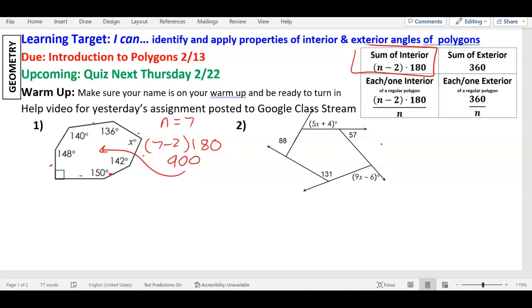Now, I can make a big equation using all these inside angles, equal sign 900. That's the equation. Let's add these up.